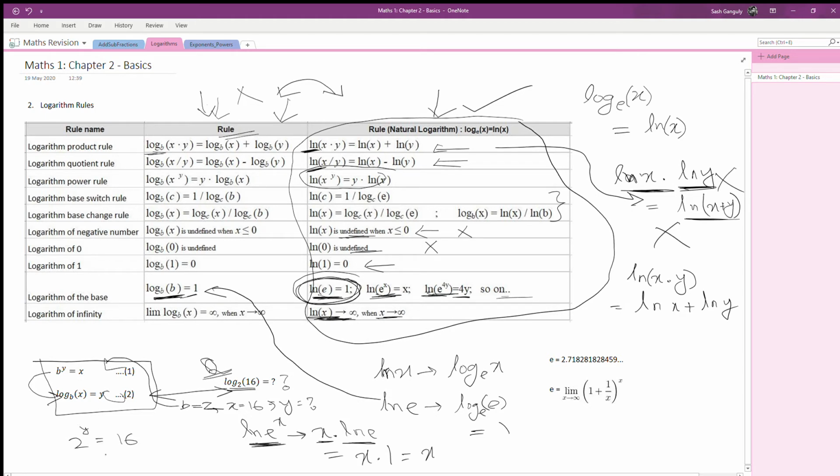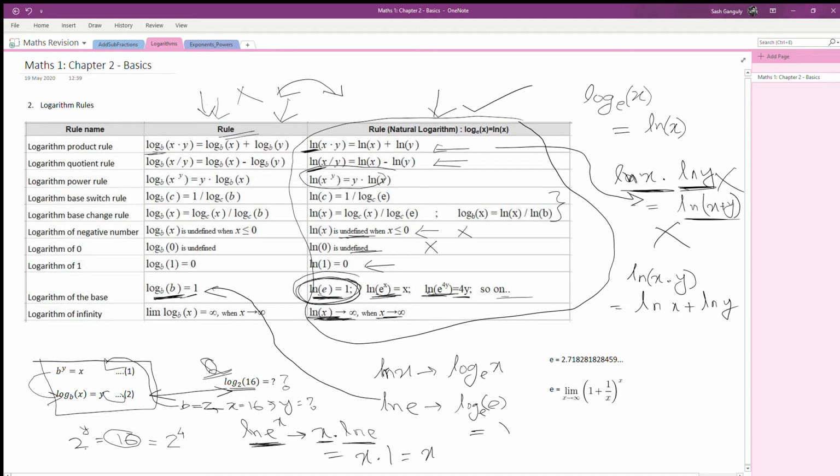Now if we want to find y, we know that y is the power of 2, the exponent of 2. So if I want to compare left hand side and right hand side, I want to convert the 16 into something which is a power of 2. So let's say we know that 16 is 2 to the power 4, right?